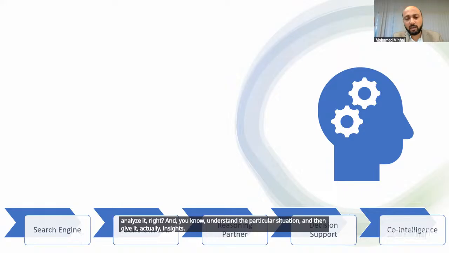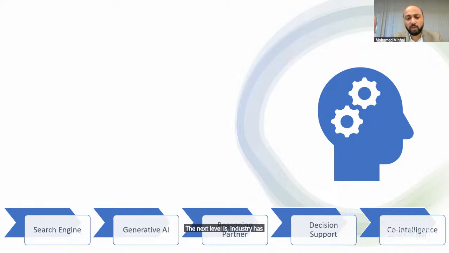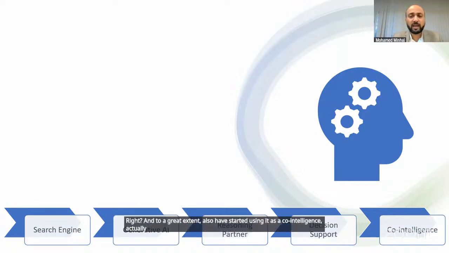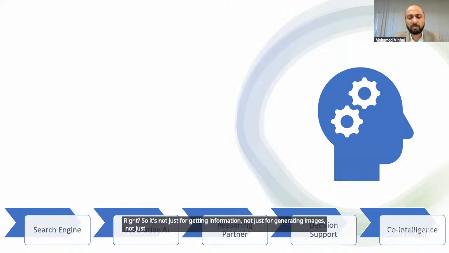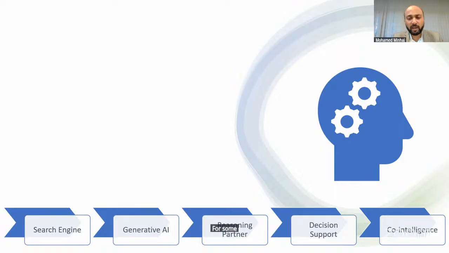The next level is that industry has already started using this as a decision support system, and to a great extent as a co-intelligence system. They are collaborating with the AI system. So it's not just for getting information, generating images, or doing some analysis. For some real applications, mission critical activities also, it is being leveraged.